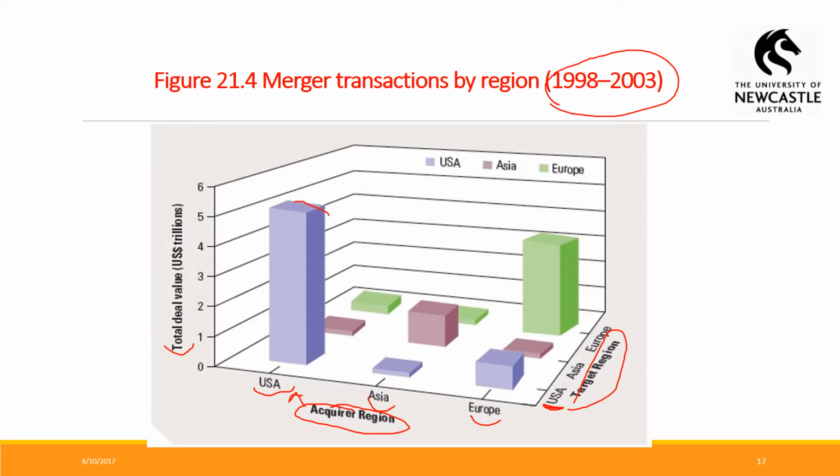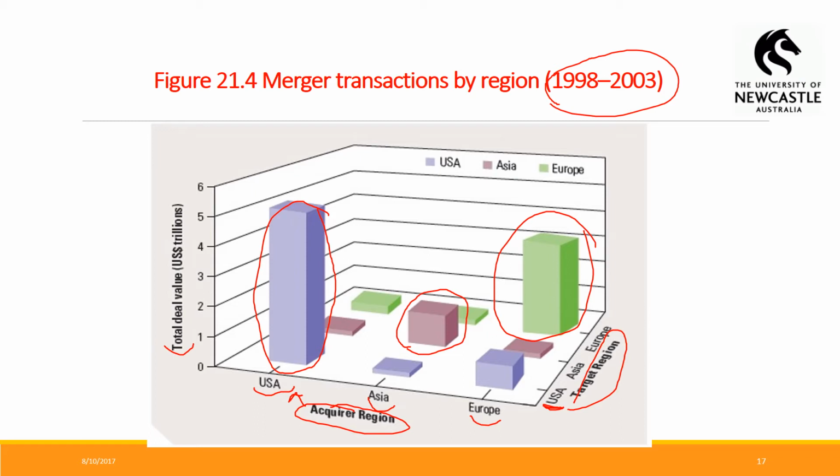The big purple bar over here is when we have the acquirer and the target both coming from the US. This bar over here is when we have an Asian acquirer and an Asian target. Similarly, this bar here is when we have a European acquirer and a European target.